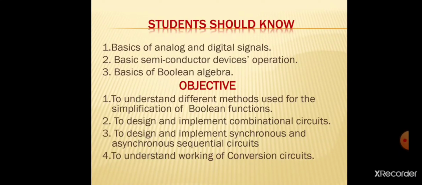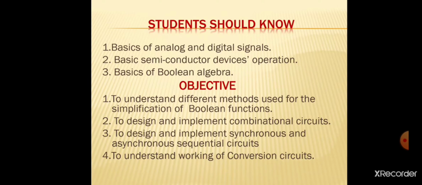Now let's come to the objective and the basics that the student should know. Before studying the syllabus of this semester, the student should know 3 points. The first point is basics of analog and digital signals. It is expected that all of you know the basics of analog and digital signals.